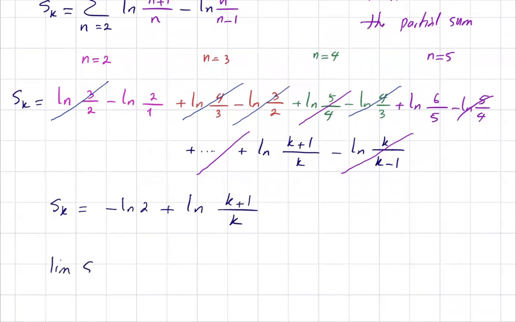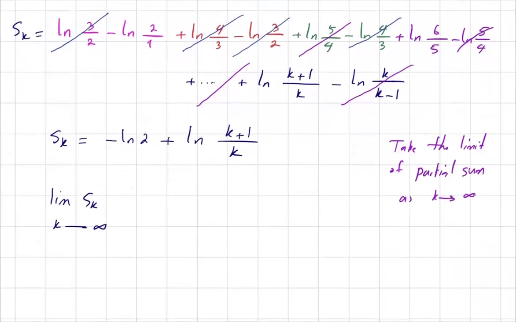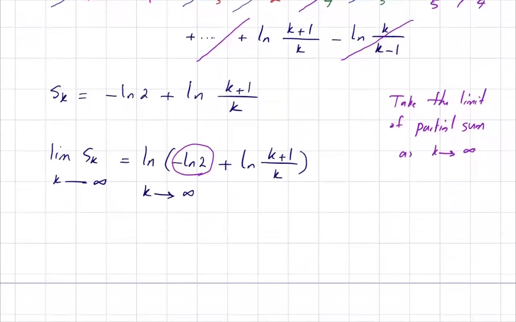If you take the limit of the partial sum as k goes to infinity, what do you have? You have the limit of negative ln of 2 plus ln of k plus 1 over k as k goes to infinity. But negative ln of 2 is just a constant, so you copy it down.